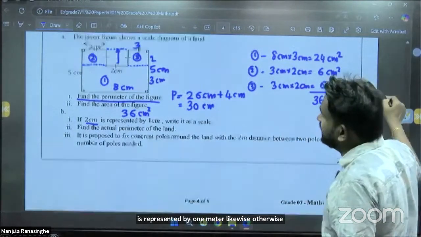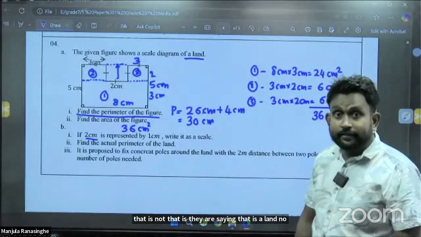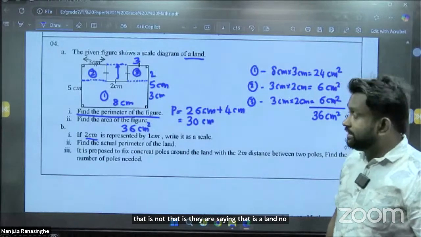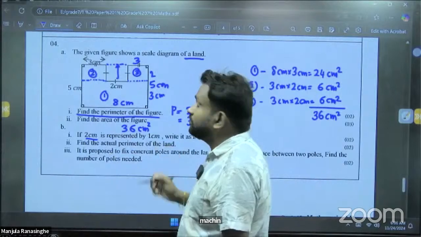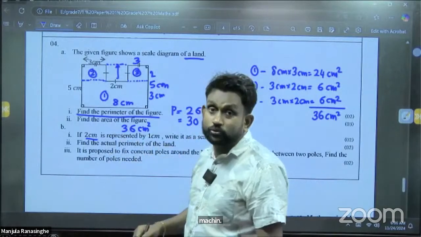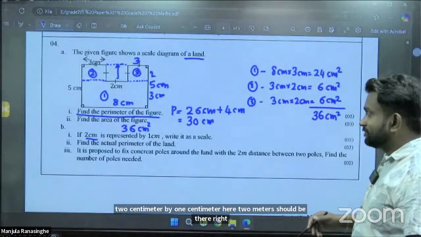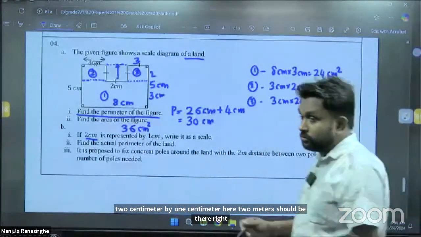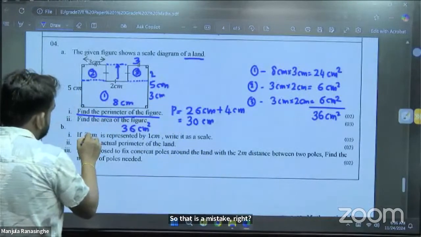They are saying that it is a land, no? For a land, a scale like 2 centimeters by 1 centimeter is not matching. Here 2 meters should be there, so that is a mistake. Make it correct.